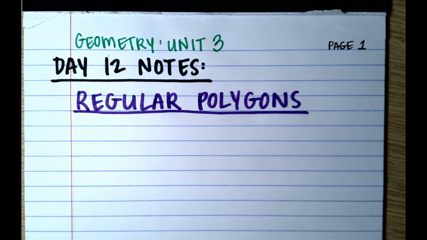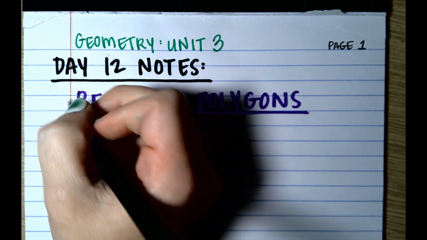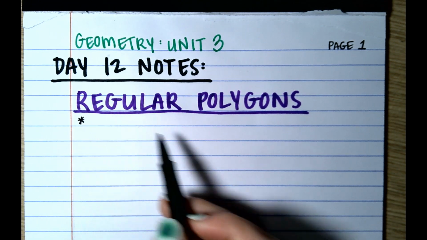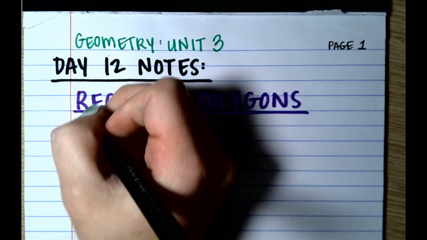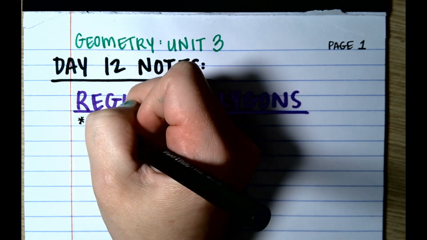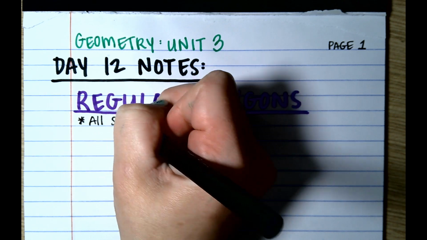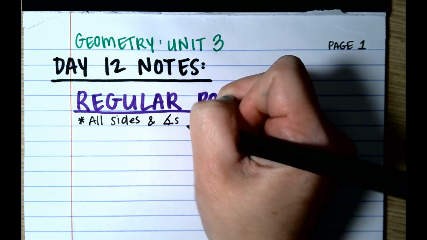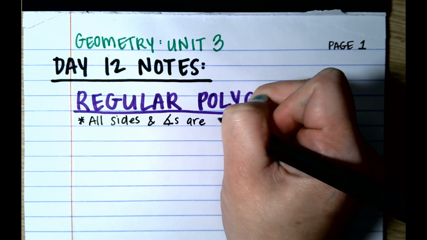Okay. And we'll write under here, all sides and angles are equal. Just like we did on that page. All sides and angles are equal.